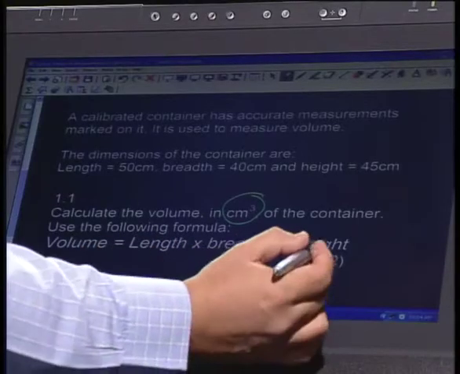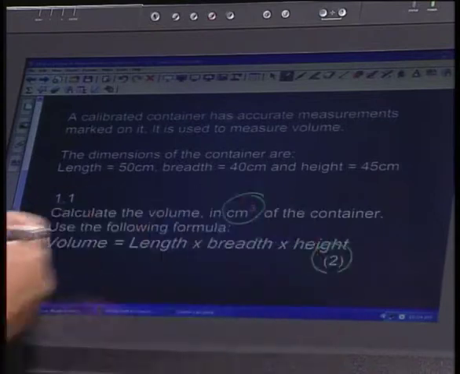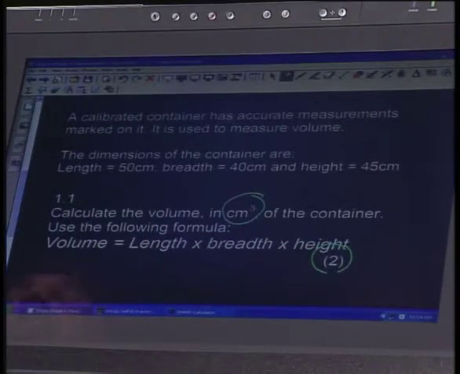Another little thing I want to bring your attention to is the following. I always tell my students, a question is not a question unless there's a mark allocation. If the mark allocation is not there, you have no idea of the amount of work that's required to answer that question. So in this question, calculate the volume, you will see that there are 2 marks. In other words, folk, there's not a lot of work involved.